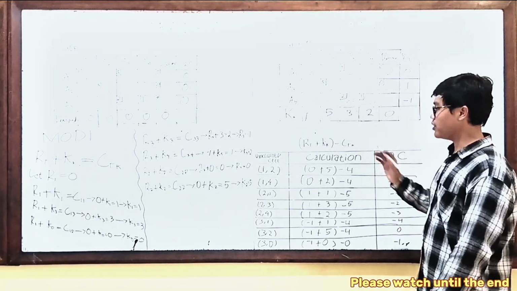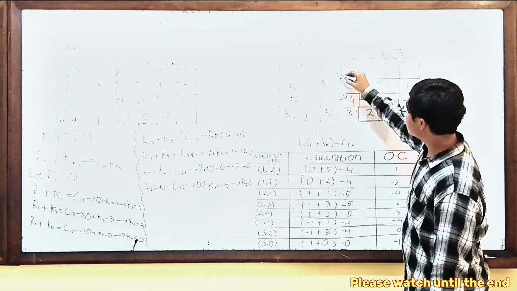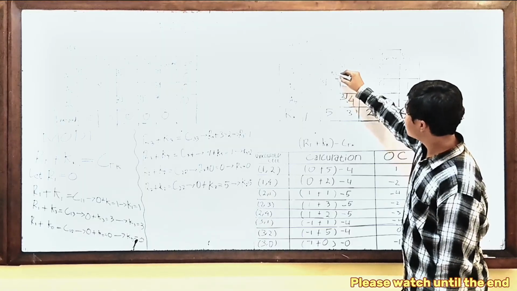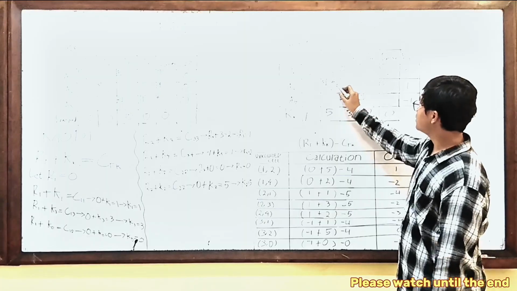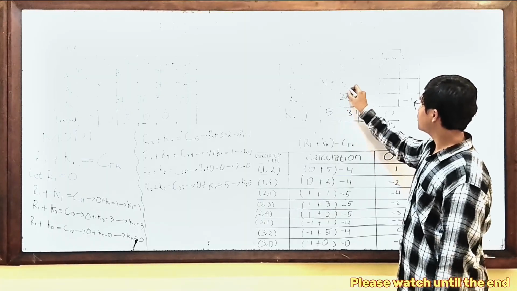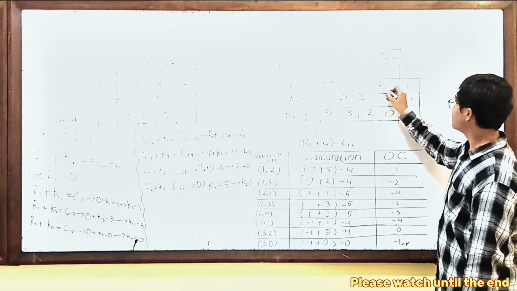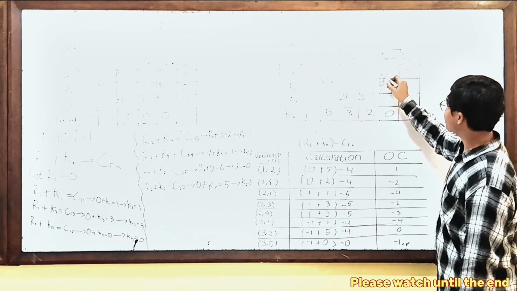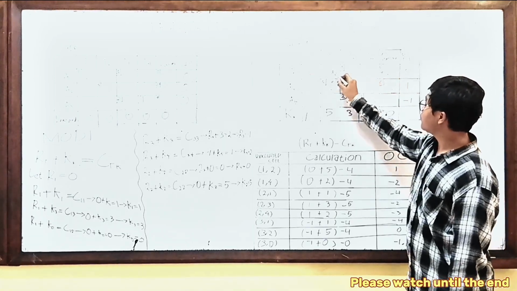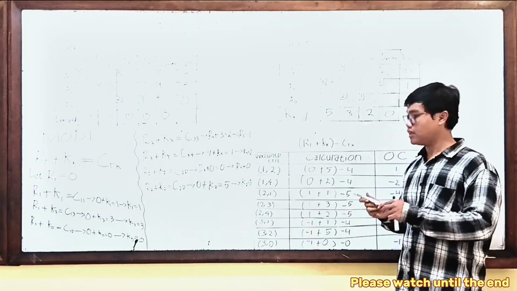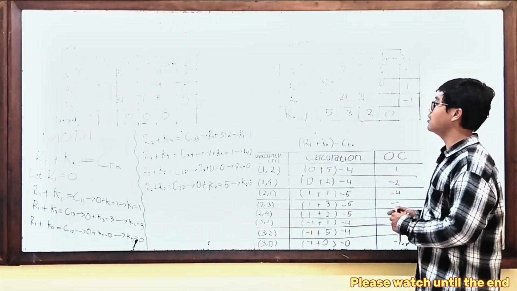Then we start from here, and then we go down in A2, row 2, column 2, and then we move in here, and here, and here, and then we go back in the A1, T1, T2, and then we form the loop.